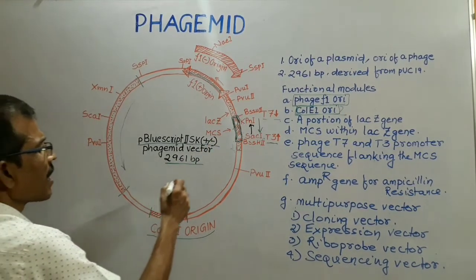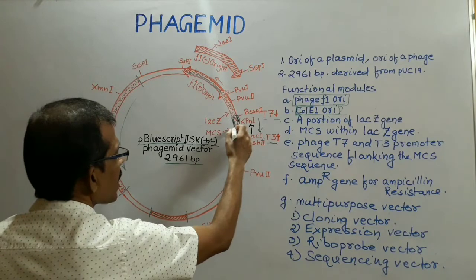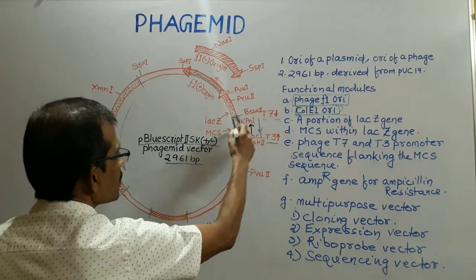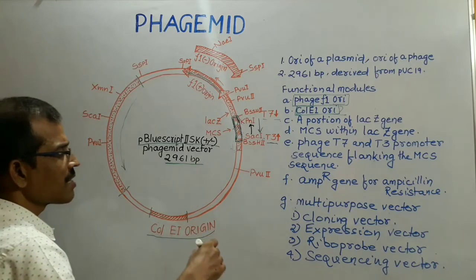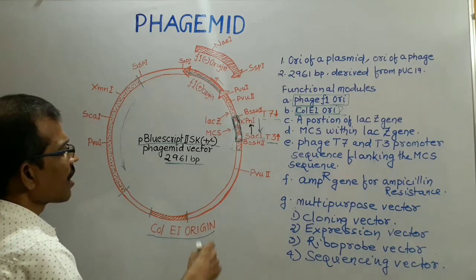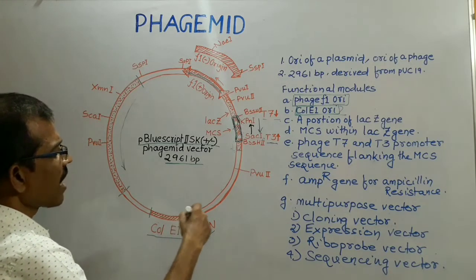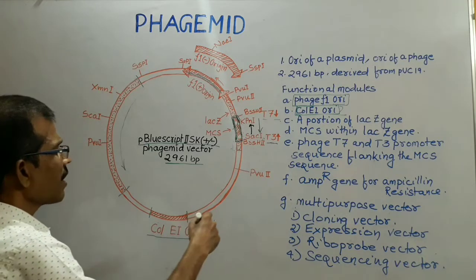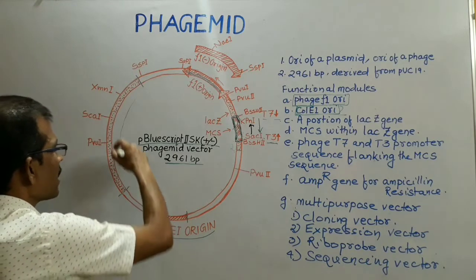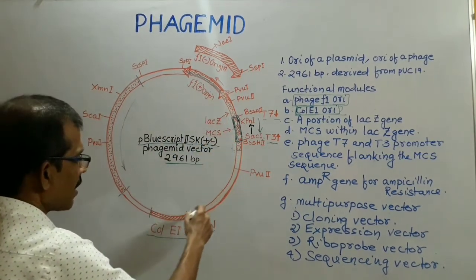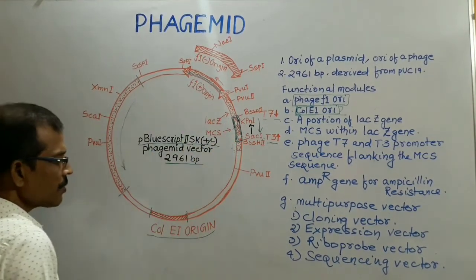After integrating the DNA insert within the MCS sequence, this recombinant vector is introduced into E. coli cells from which the lacZ alpha function is lacking. Inside the E. coli cell, this recombinant vector replicates and propagates like a plasmid.